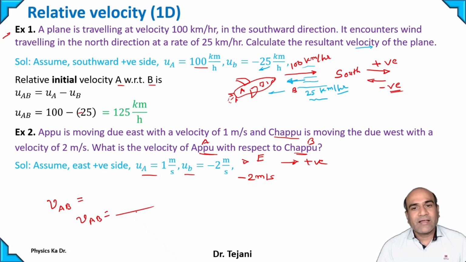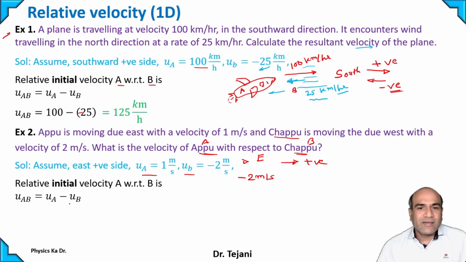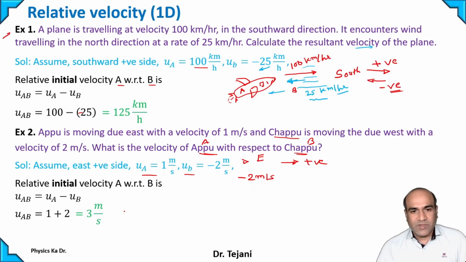If it is asked like velocity with respect to Chappu to Appu, then the answer will be opposite. So here it should be VA minus VB. So we know that. Put this value 1, and minus minus becomes plus, is equal to 3 meter per second.